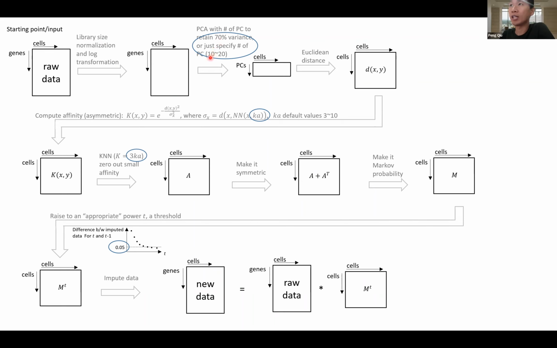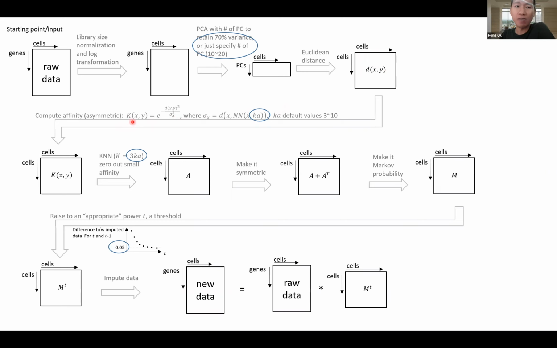So at the end of the day, they tried multiple data sets, and the number of PCs kept in each of those data sets ranged between 10 and 20. And once they have the data reduced in the PCA space, very similar to the DPT approach, the authors computed the pairwise Euclidean distance between each pair of cells, and then computed this affinity matrix.